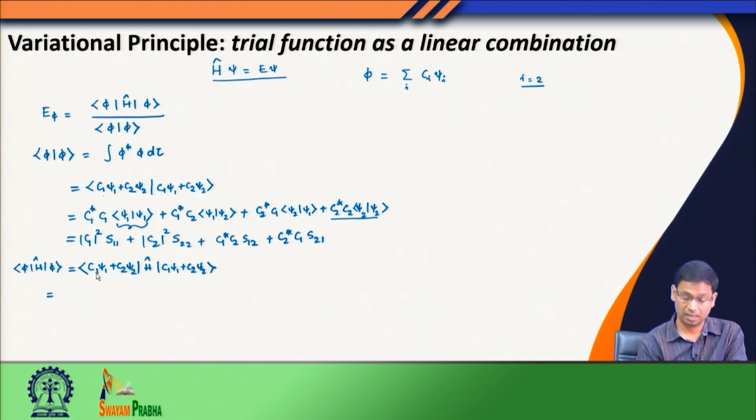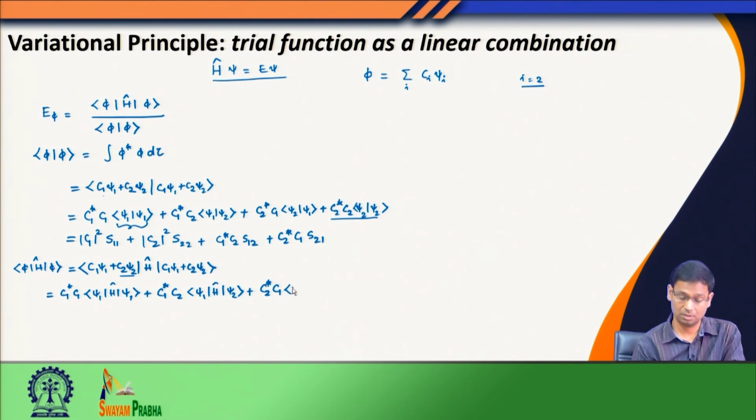So, I now have terms where it would be C 1 star C 1 psi 1 H psi 1 plus, looking at C 1 with the other terms, C 1 star C 2 psi 1 the Hamiltonian psi 2. Similarly, now I am coming to the second term: C 2 star C 1 psi 2 the Hamiltonian psi 1 plus finally, C 2 star C 2 psi 2 H psi 2.